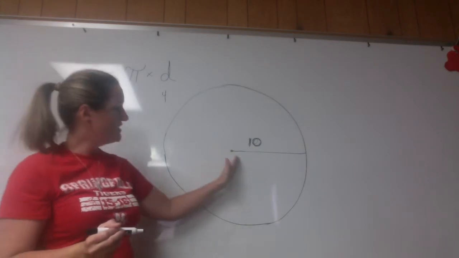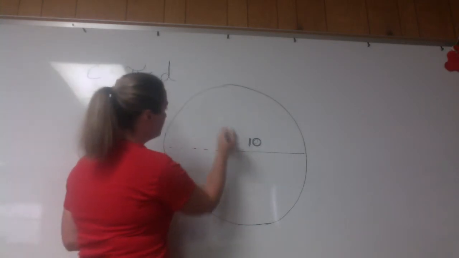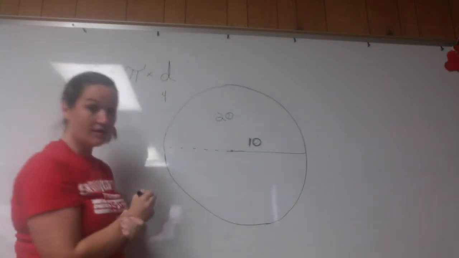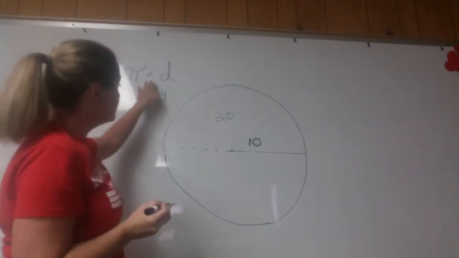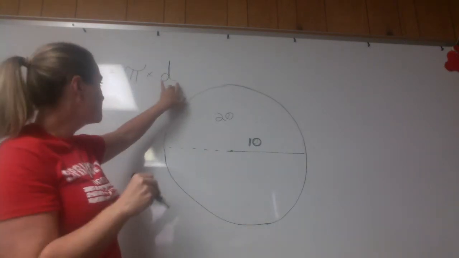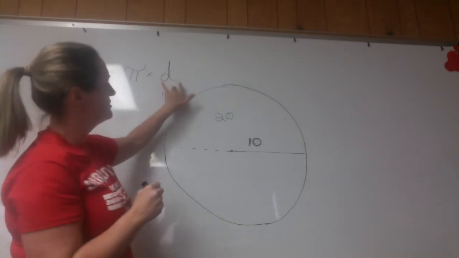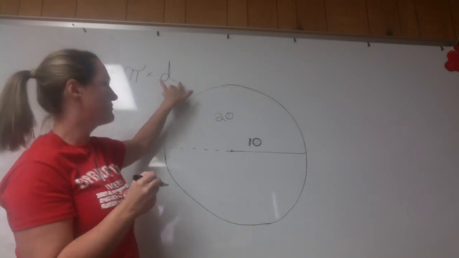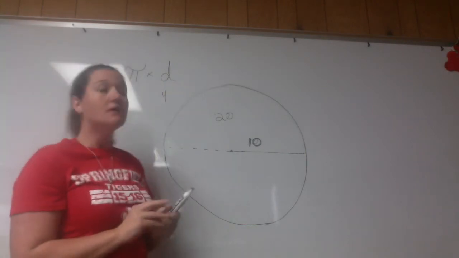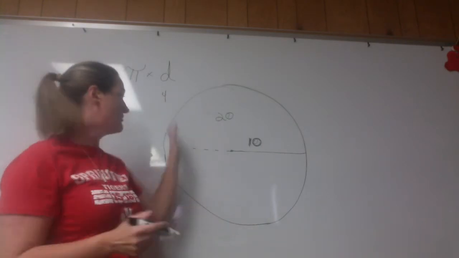Remember, radius is 1/2 the diameter, so the diameter would have to be 20. So we'd use 20 in our equation. So we'll do pi times 20, and it's going to get you like 60, I don't know. I'm trying to do it in my head and I can't. But anyways, you multiply pi times 20, boom, you got your circumference.